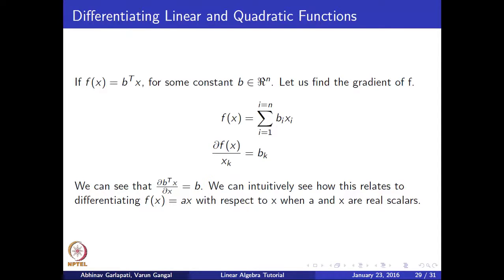On differentiating this with respect to the kth component of the vector x, we get partial f of x by partial xk equals bk. Hence, the gradient of f of x is given by the vector b. We can see how this intuitively relates to the first derivative of the scalar function f of x equals ax, which is equal to a.